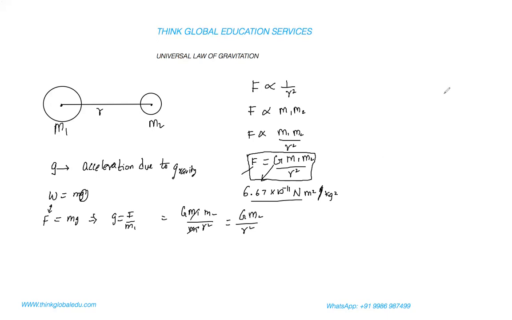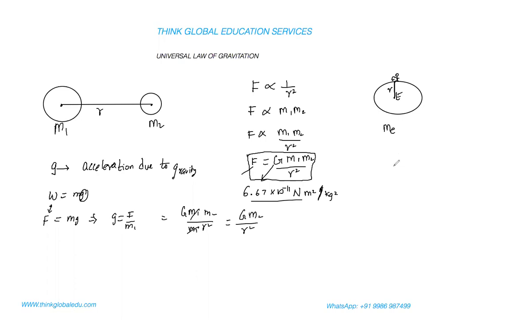Now let us take this as the Earth. The mass of the Earth is represented as me, and this is the radius of the Earth, and here a person is standing. We want to know the gravitational field strength from the center to this point, as felt by this person.